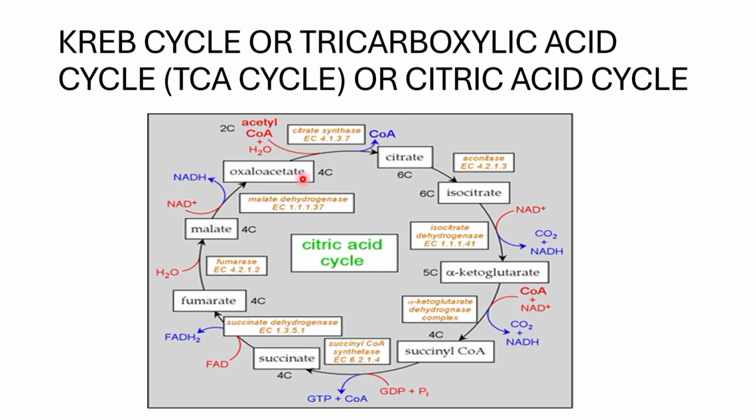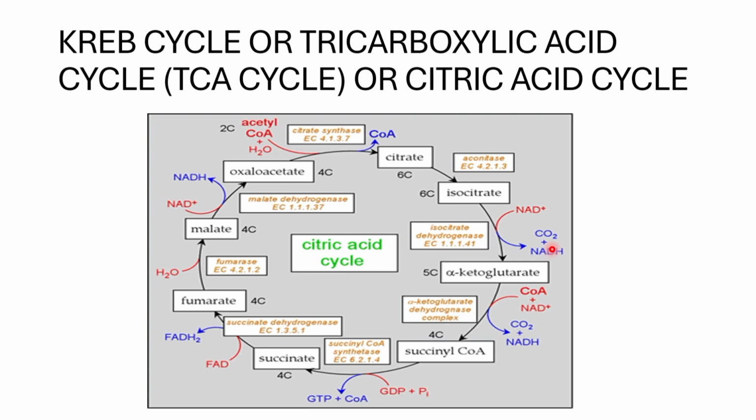So we have 3 NADH, and we also have 1 GTP and 1 FADH2. So these molecules, most especially NADH and FADH2, will enter into a process that we call the electron transport chain. We call them reducing equivalents. These molecules will be converted to form ATP in the electron transport chain.